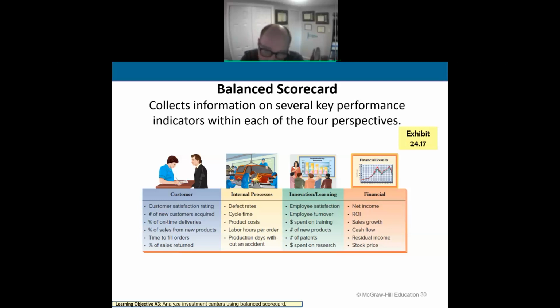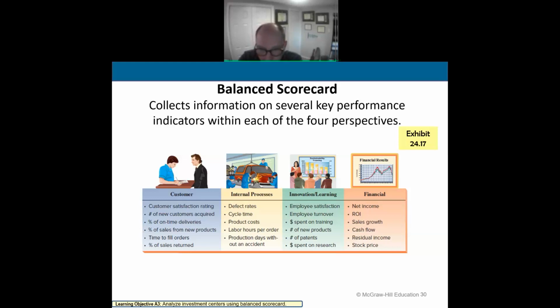In the hotel business, it might be something like food and beverage costs, linen costs, labor hours worked per department, sick time used, etc. These are all internal pieces of information used to better understand the performance of the company.